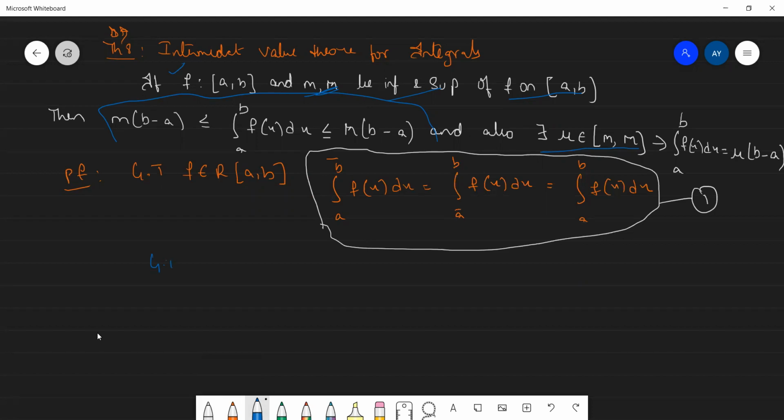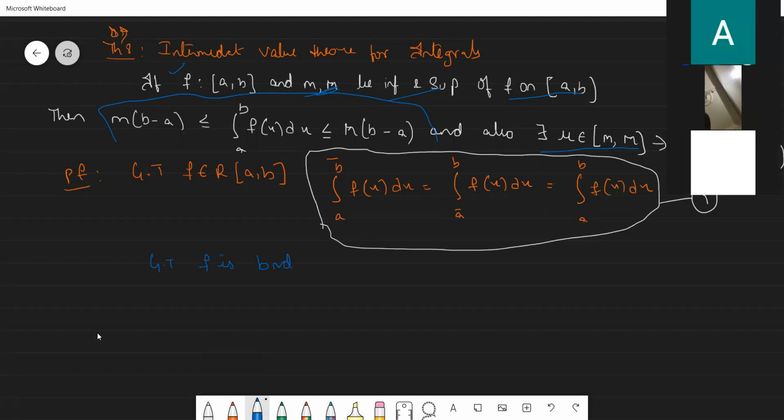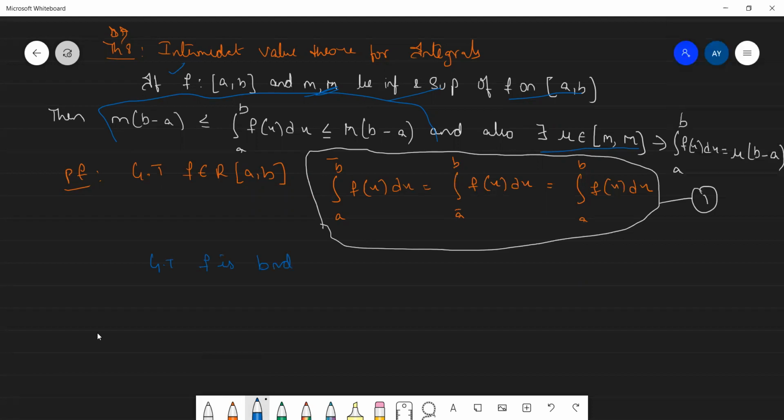So given that f is bounded on the closed interval [a, b], we define a partition P = {a = x0, x1, and so on up to xn = b}. Let that be the partition on the closed interval [a, b].